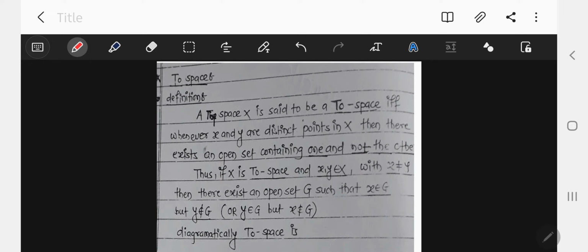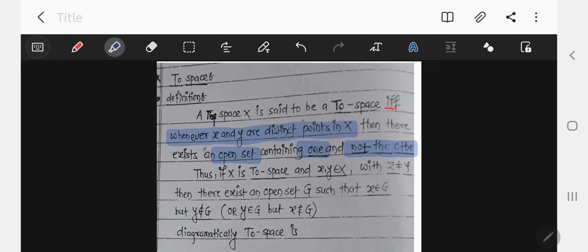T0 space, that is a topological space X is said to be T0 space if and only if whenever x and y are two distinct points in X, then there exists an open set containing one but not the other.